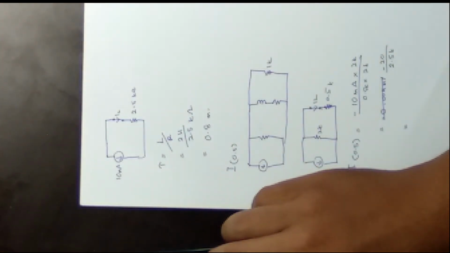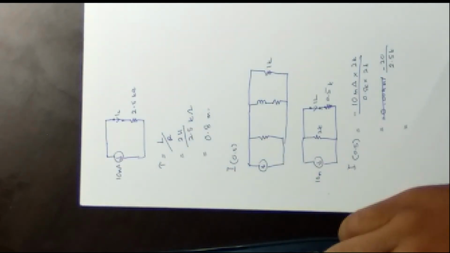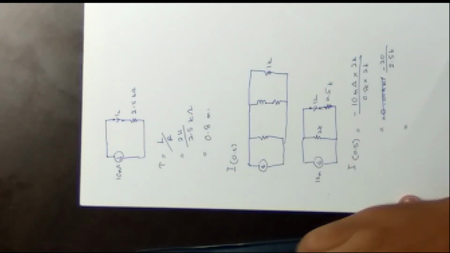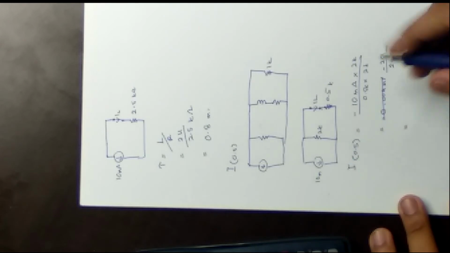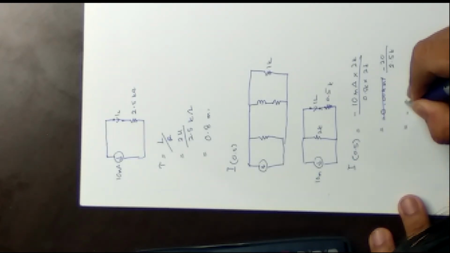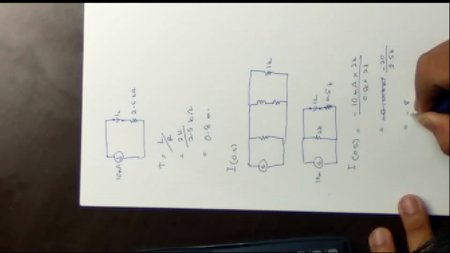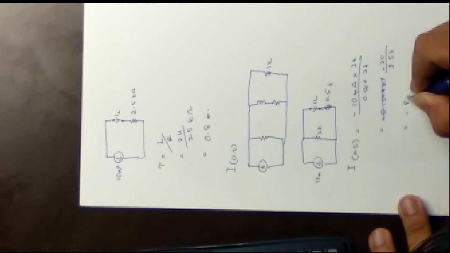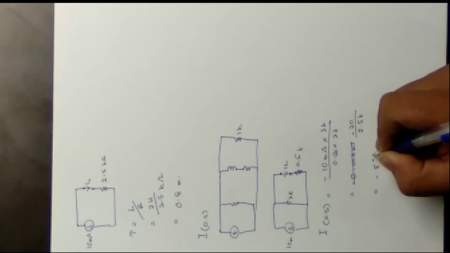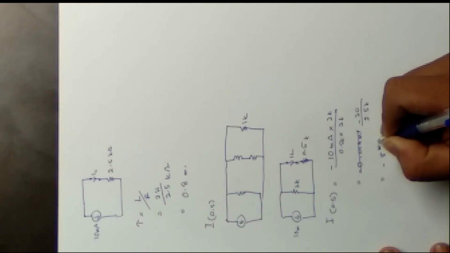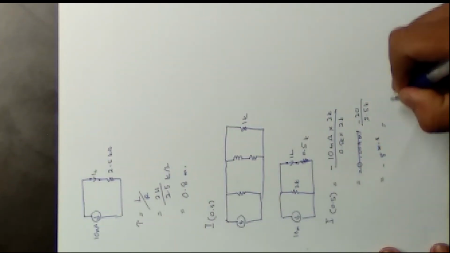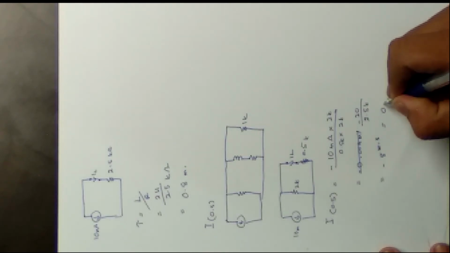After this, negative 20 divided by 2.5k, we get negative 0.008 times 10 to the power of negative 3.